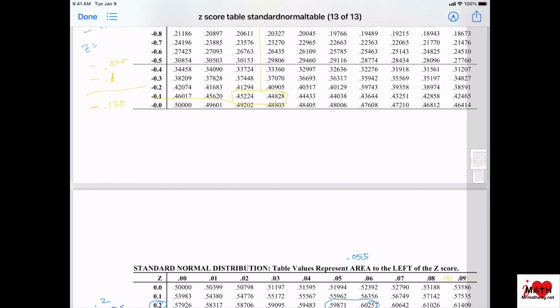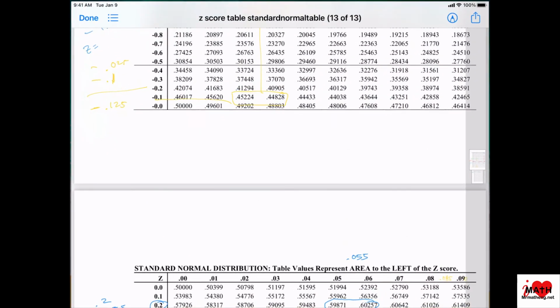Negative 1.25 times 2.7 plus 64 should give me 63.66. That was correct.